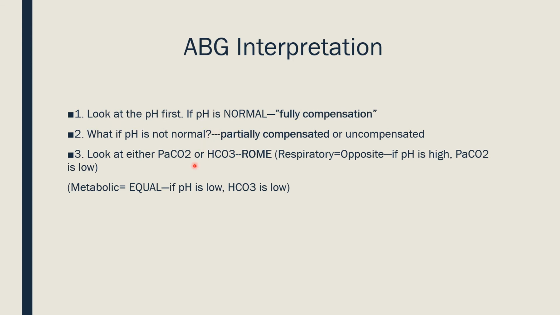In looking at PaCO2 and bicarb, remember the acronym ROME. R-O means respiratory opposite: if the pH is low, PaCO2 will be high. M-E is metabolic equal, meaning they have the same direction: if bicarb is low, pH will be low; if pH is high, bicarb will be high.